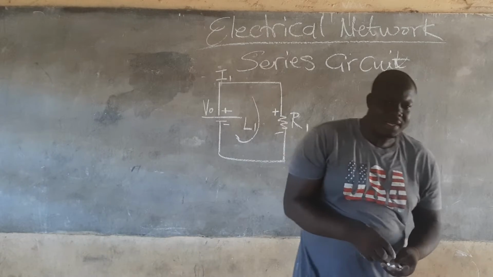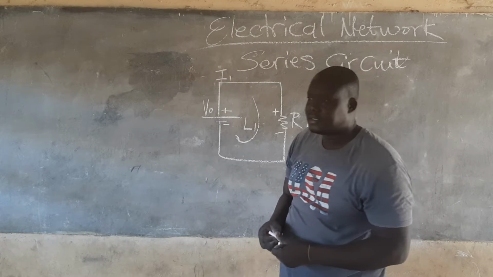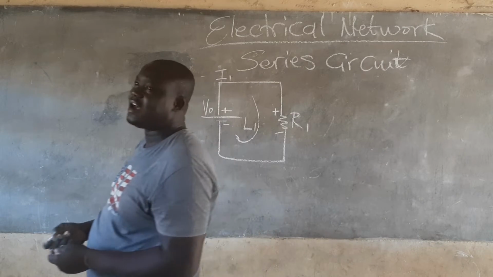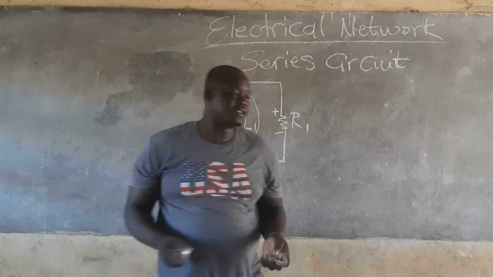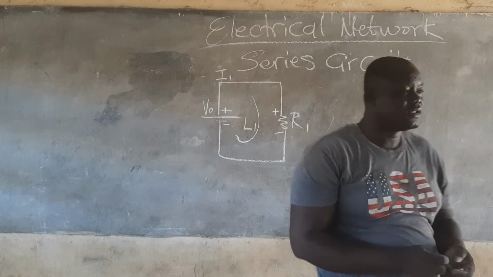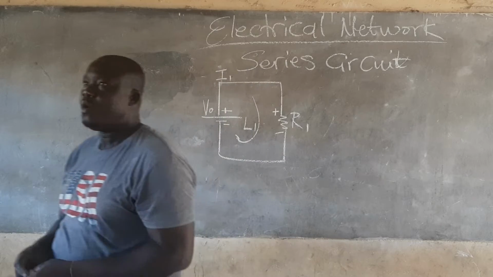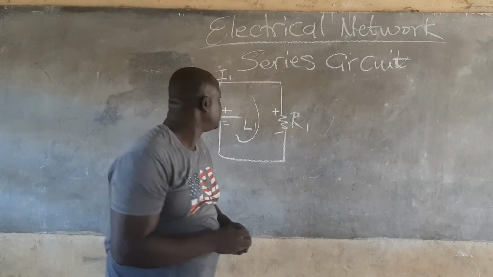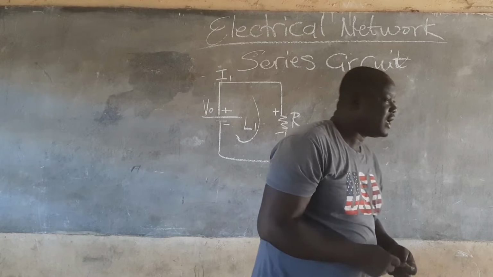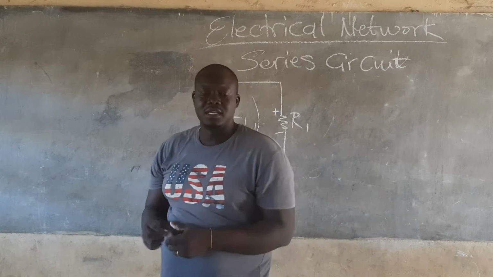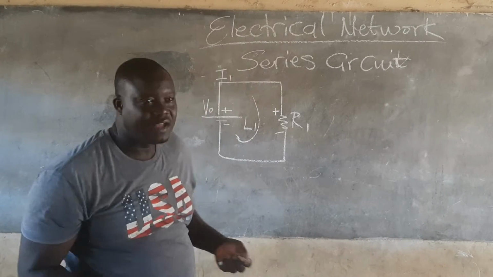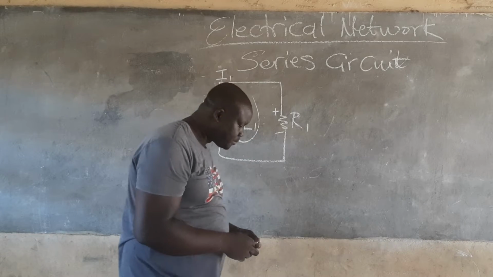So when someone, a layperson, or somebody that has not understood anything about physics or electricals, asks you, what is a series circuit? A series circuit is a circuit that has only one path.